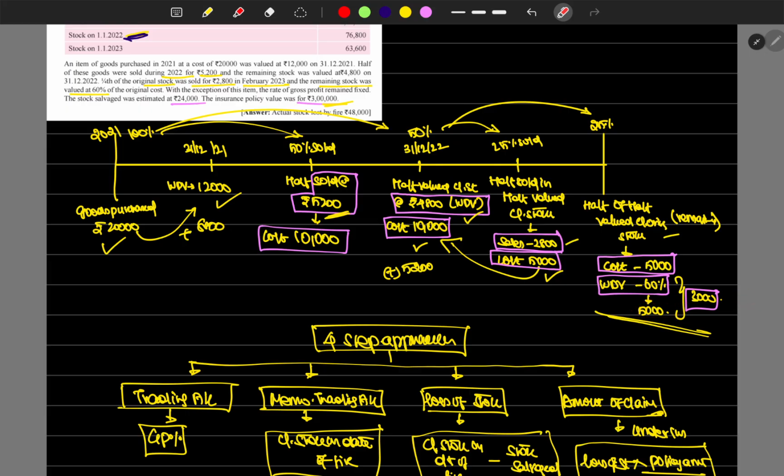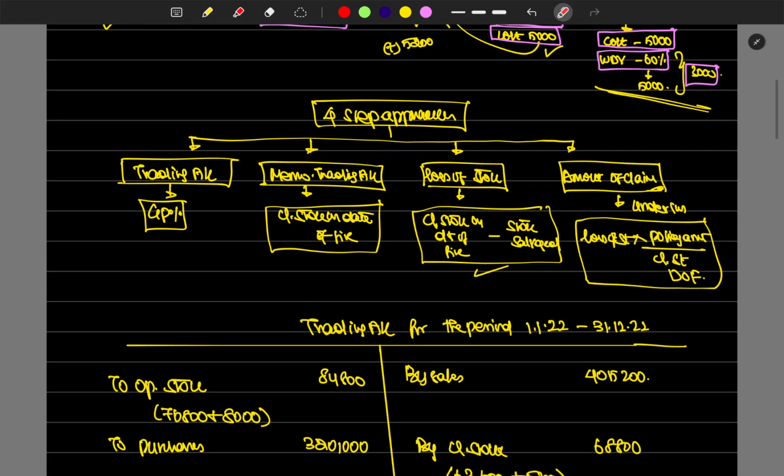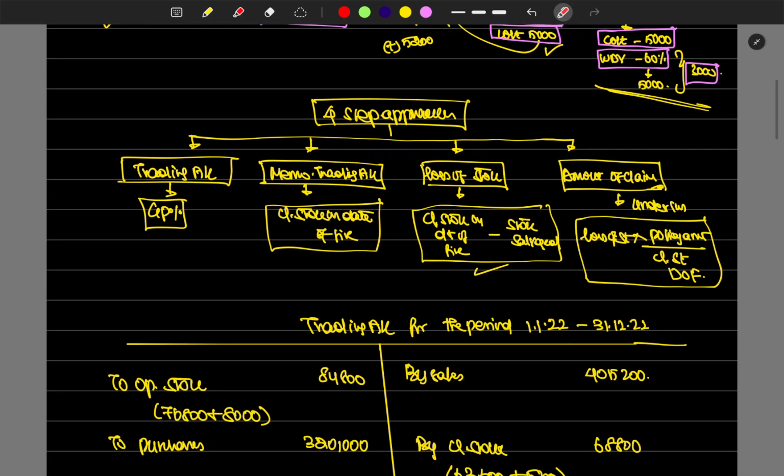We need to deduct that 2,000 due to the reduction in the cost in the last period. Okay, 4-step approach.